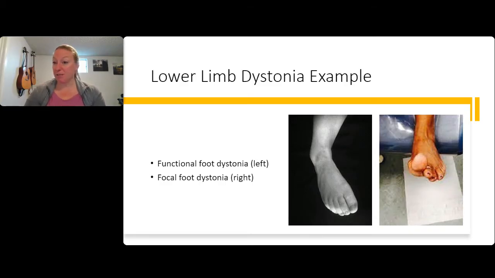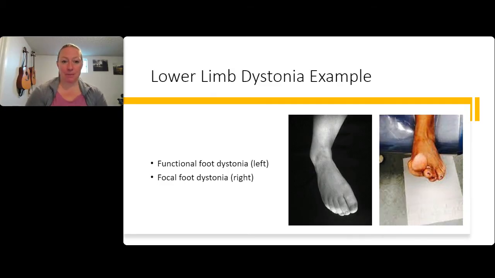So now maybe they're standing on foam, or on an unstable surface or an incline, or walking, which can really exacerbate and draw that out. And that might just clue me in to what we might be working with. But they can also have a focal dystonia where the toe starts to pull up and away, and we start to see that type of presentation.